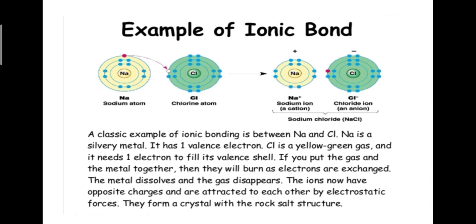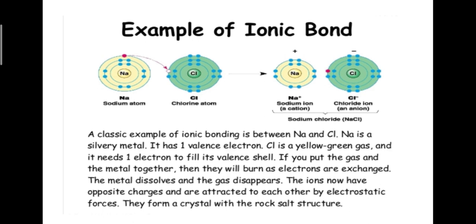Cl is a yellow-green gas and it needs one electron to fill its valence shell. If you put the gas and the metal together, they will burn as electrons are exchanged. The word exothermically, which was used in the previous slide, is for that reason, because they will burn in forming the bond and there will be a release of energy.